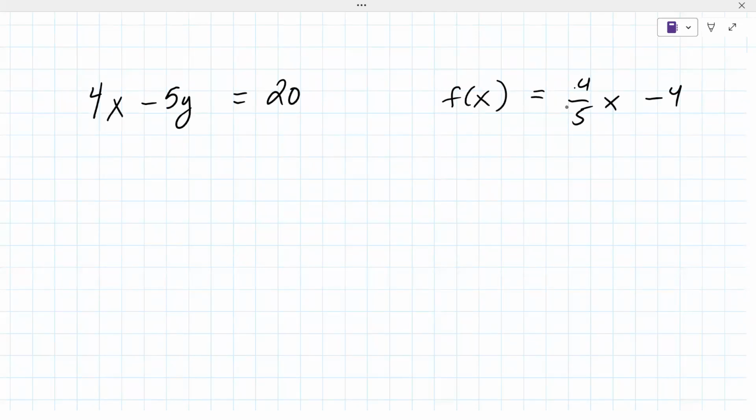Let's try one that maybe doesn't work out as nice. Negative 10x minus 3y equals 7. Give this a try. It does not work out as nice.